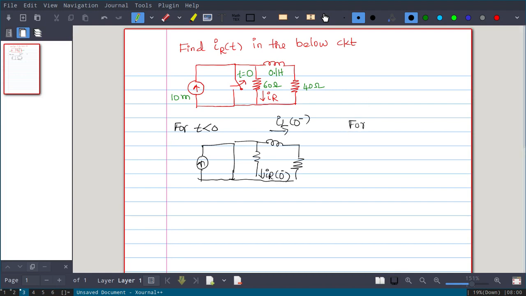For t greater than 0, what is the circuit? The switch will be opened, so this branch will not be there.